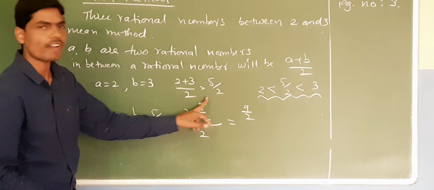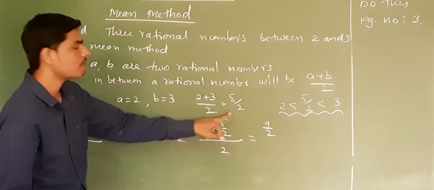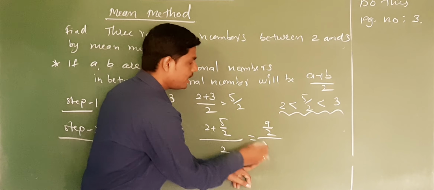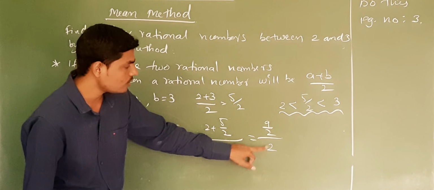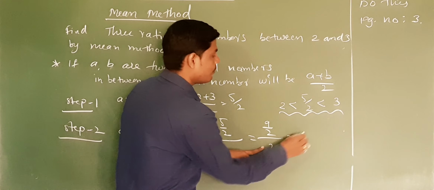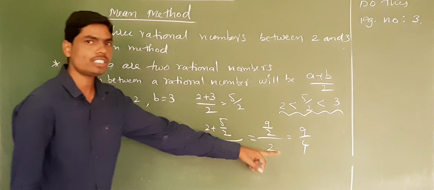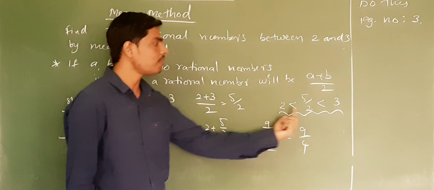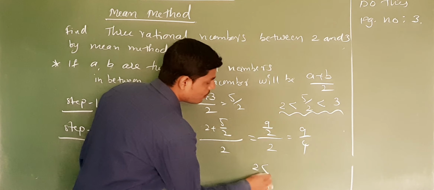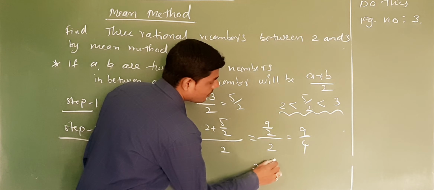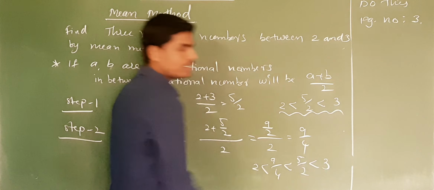It is like a mixed fraction, 9 by 2 by 2. For this fraction, the denominator is 2, so this 2 will be multiplied. That is 9 by 2 2s are 4. So the required rational number in between 2 and 5 by 2 is 9 by 4. So in the second step, 2 is less than 9 by 4 less than 5 by 2 less than 3.